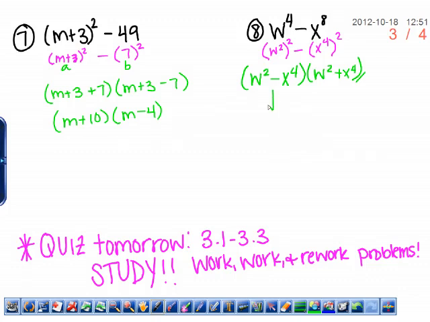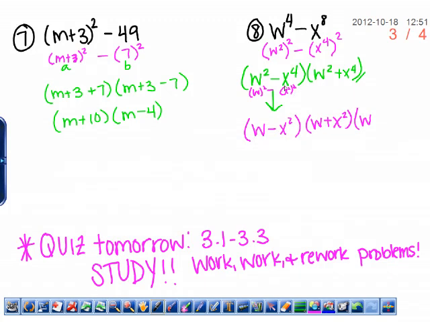Okay, this is difference of squares again. So this is w squared minus x to the 4th, so w squared minus x squared squared. So this is w minus x squared times w plus x squared. Nope, a minus b times a plus b.